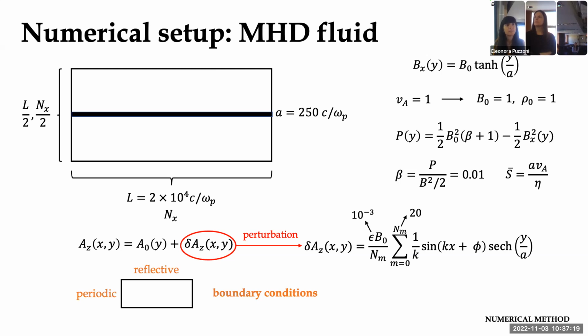We never tried that, but I don't think there would be a dependence on the y coordinate. So you think the plasmoid size would be the same whether or not you increase the box size? I think yes, but we didn't try it, so maybe it's not like this.